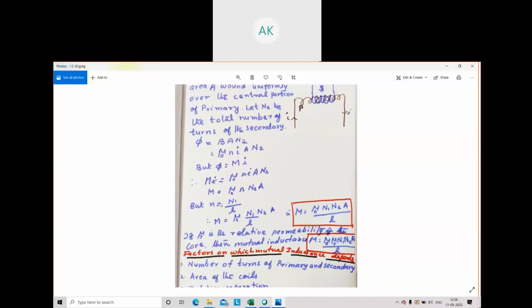Small n is the number of turns per unit length, so we write N1 by L, where N1 is the number of turns in the primary coil.